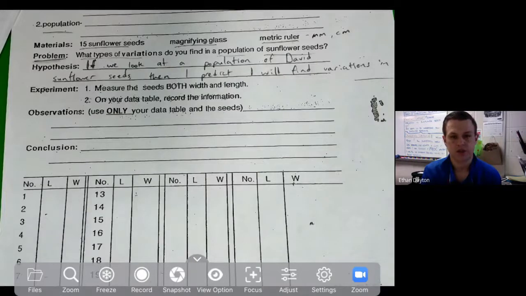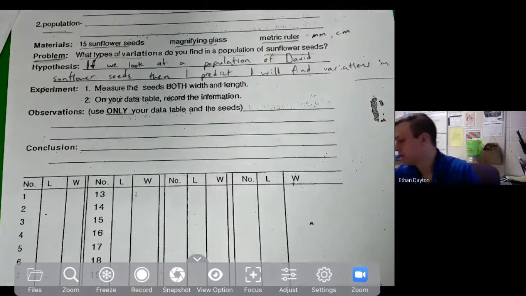Asexual reproduction requires one parent.